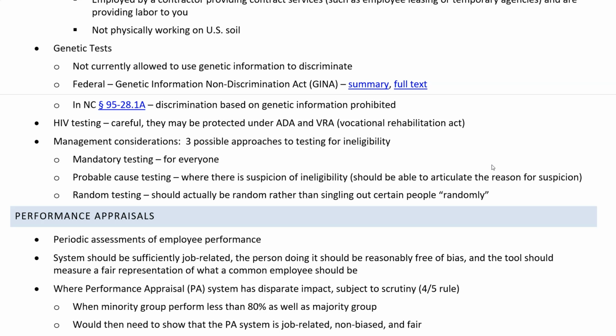One is we could have probable cause testing, where we test only when there is some suspicion of ineligibility. And I, as the employer, should have to be able to articulate the reason for suspicion rather than just making all the Asian people do the test or all the Black people do the test and not making the white people do the test. Things like that is what we're trying to avoid.